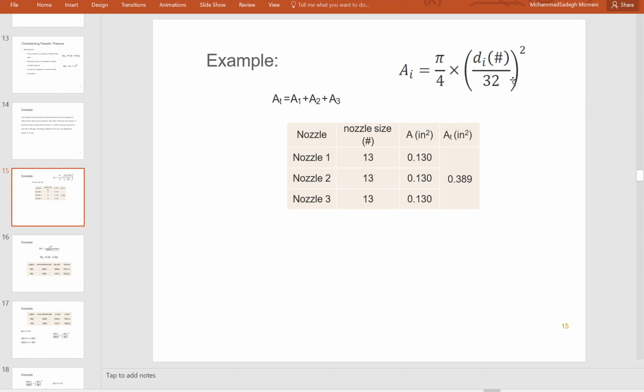So if I use this equation, pi divided by 4 multiplied by di divided by 32 to the power of 2, I would be able to find the area of each nozzle. And if I add all of them together, I can find the total nozzle area. So the first step was to find the total nozzle area having 3 nozzles, and all of them had the same nozzle size. Not all the time the nozzle size will be the same.